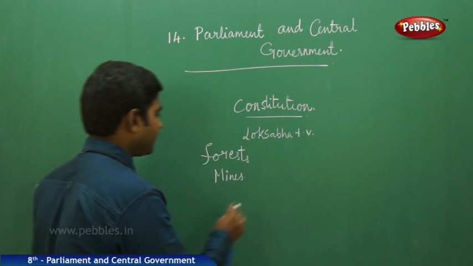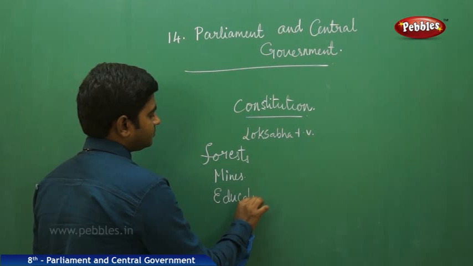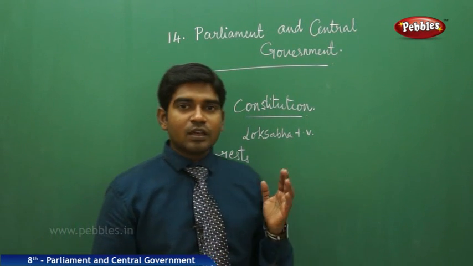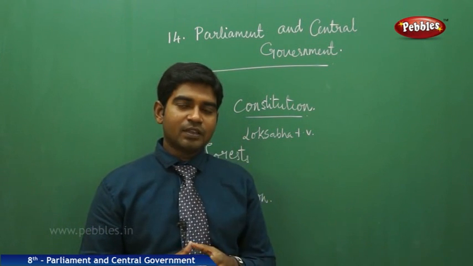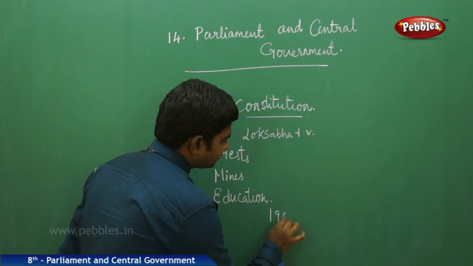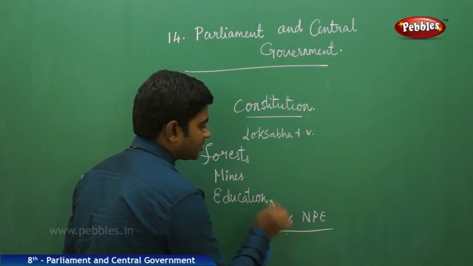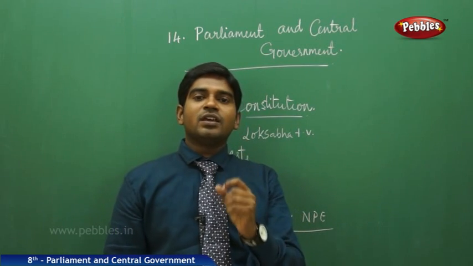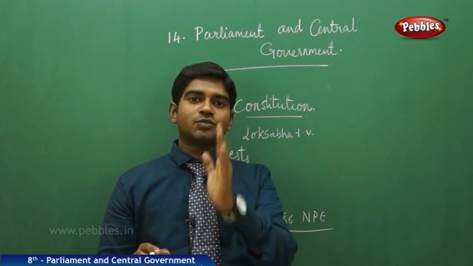Then moving on to the most important aspect, that is education. How should the education be? We have the example of the 1986 Act or National Policy of Education, known as NPE, where the framework was set that we should have a systematic pattern of education like 10 plus 2 plus 3.